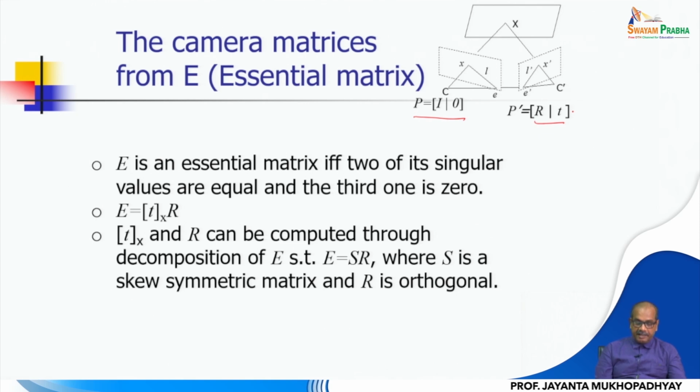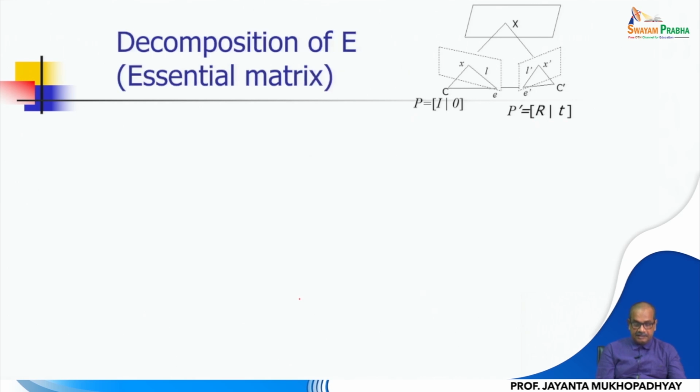And we can compute this. As you see, R is an orthonormal matrix, so we have a special configuration. We consider it orthogonal, because you can multiply with K also. So, you have E equals SR, if we can get this. Let us have one such decomposition.